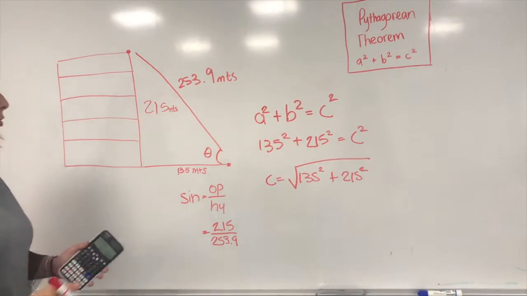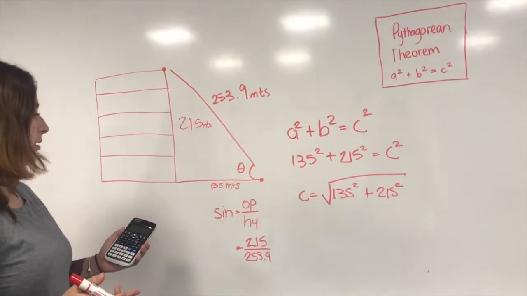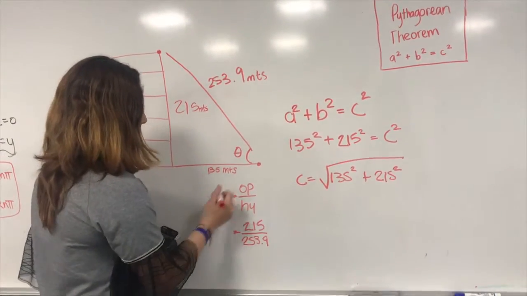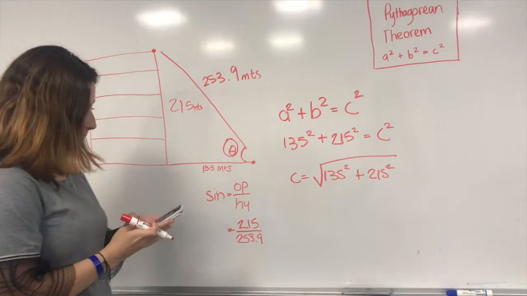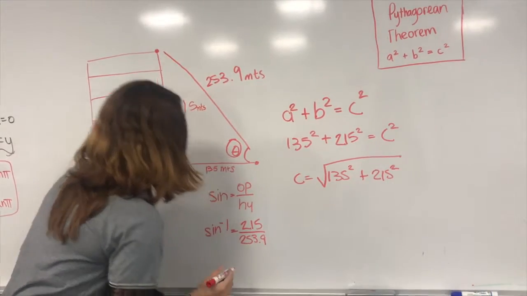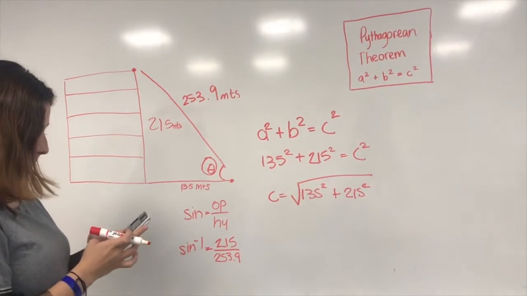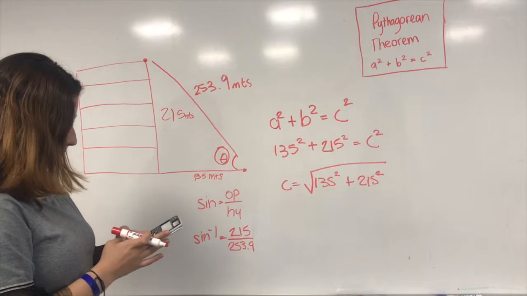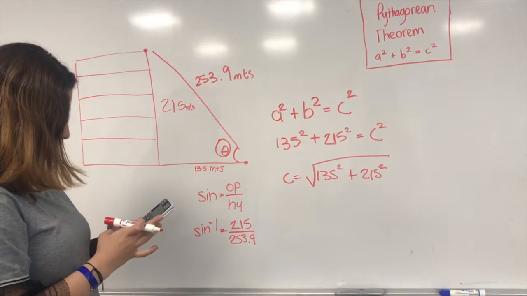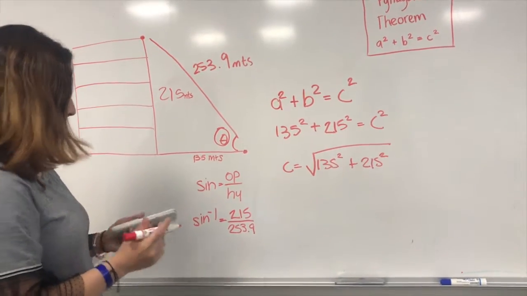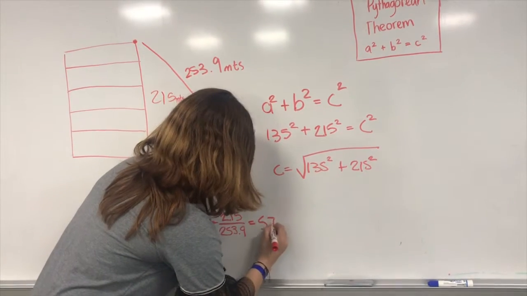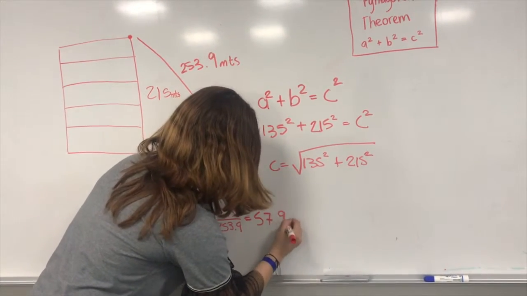And we have to do its inverse so that we can find the actual value of theta. So sin^-1, then we get a value of 57.9 degrees.